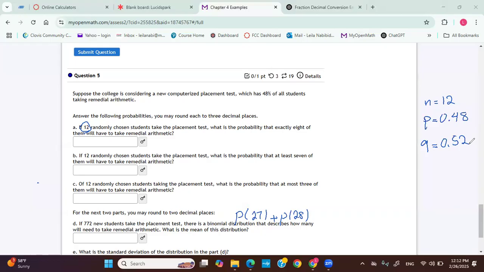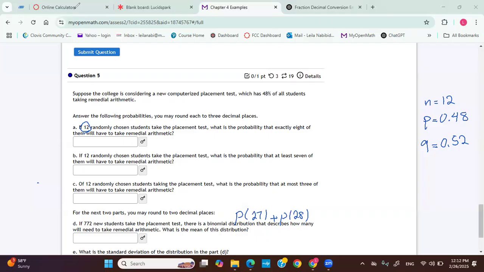If you want to work with the formula, you just need to write the formula and, based on each part, find the probability of that specific x value. But I'm going to use the online calculator to make it faster, because the formula is a little complicated and time consuming, especially on the test.